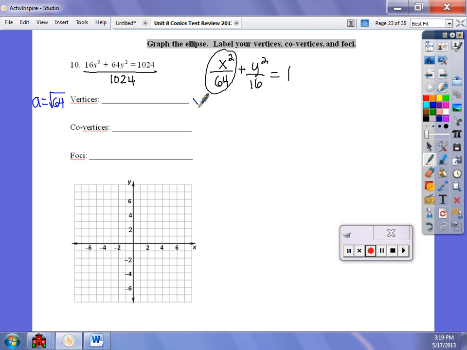That's still the x-axis, so it'll be (8, 0) and (negative 8, 0). My covertex is on the y-axis. That is going to be b, which is the square root of 16. That's equal to (0, 4) and (0, negative 4). So I'm going to plot those and label. Please label.